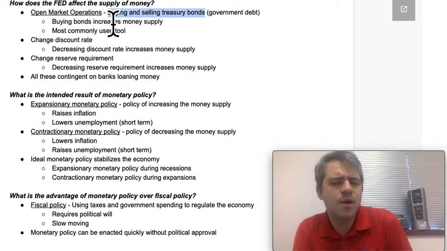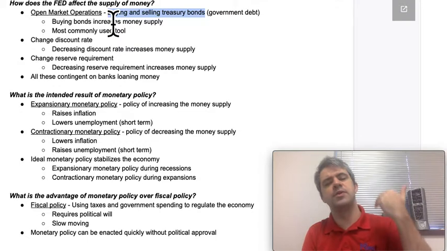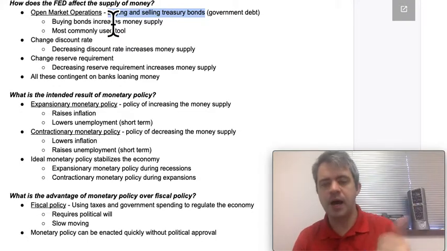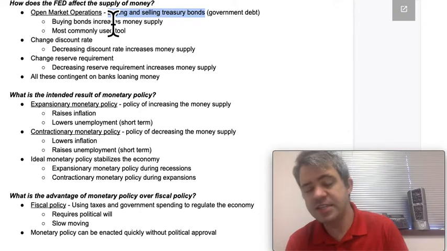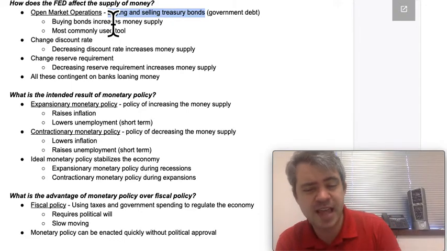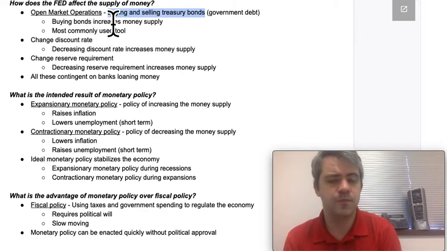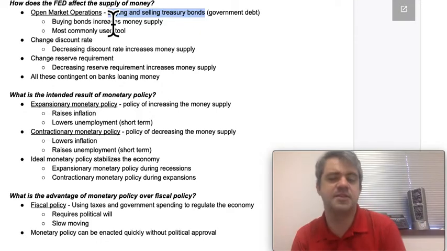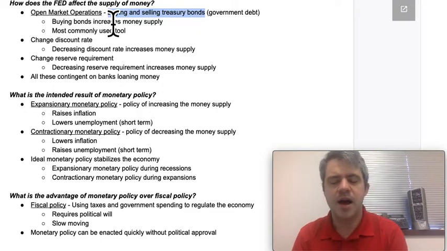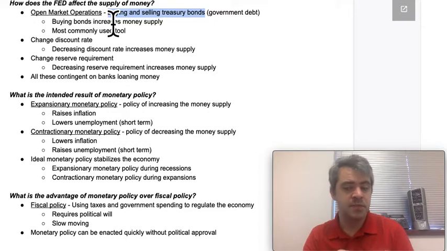Now, why would you buy one of these bonds? Well, you're going to receive this money back plus a bit of interest. At least in the US, this is considered a pretty safe bet. We've basically never defaulted on this, so it doesn't get very high returns because it's a safe bet, but it's better than just sitting there with just money.